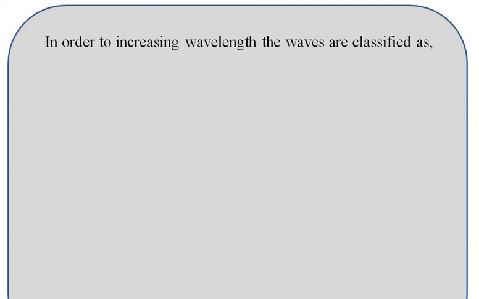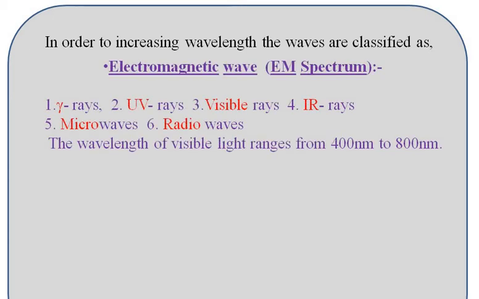The electromagnetic waves classified in order of increasing wavelength form the EM spectrum, the electromagnetic spectrum. This spectrum consists of different rays: gamma rays, ultraviolet rays, visible rays, IR means infrared rays, microwaves, and radio waves.